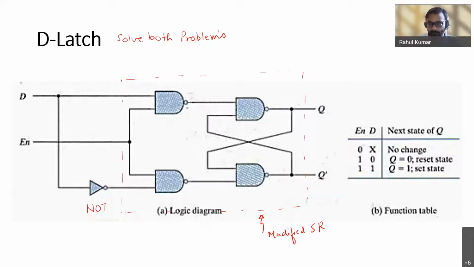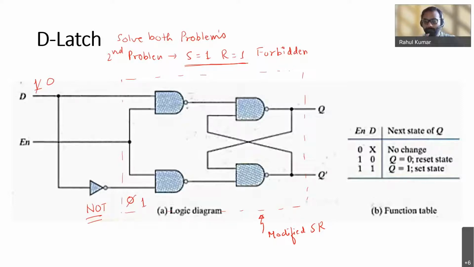In the second problem that we have just discussed, what was happening? S is equal to 1 and R is equal to 1. So this was forbidden, or we were restricted from using this input, right? But now what you can see is, if you apply 1, since you have a NOT gate, your second input will automatically be 0. And if you change it to 0, your second input will be 1.